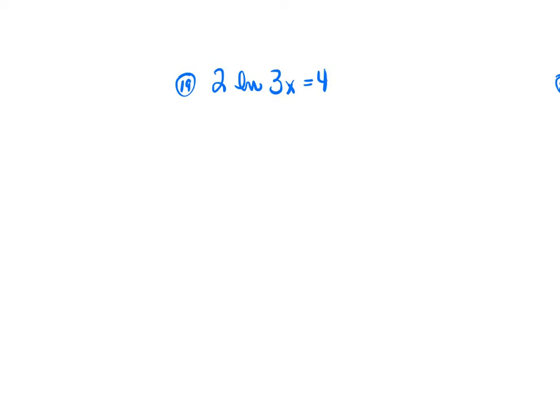What should we do first here? Divide by 2. So we have ln of 3x is equal to 2. What do we do next? Then you do the e. So we put an e on the bottom of both sides. So e and ln cancel. So 3x is equal to e squared.